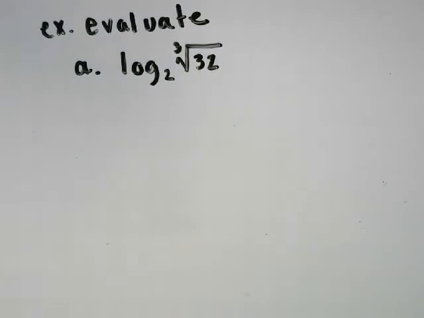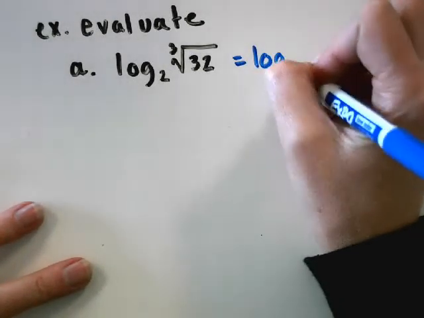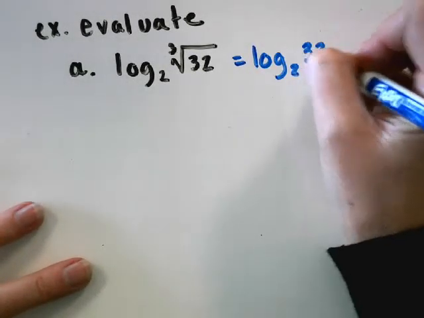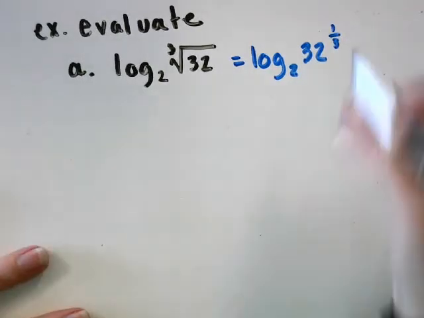Now we're going to use the rules to evaluate. We're going to evaluate, which means I want a value, log base 2 of the cubic root of 32. First thing we're going to do is rewrite this as log base 2 of 32, rather than the cubic root, raised to a rational exponent 1/3.